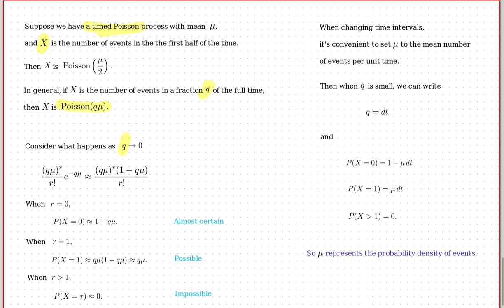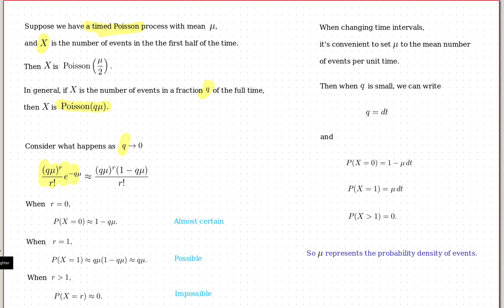So suppose we take smaller and smaller fractions of the original time period, then what happens? Well, again, I'm just going to write out the formula for the probability, that formula we got for the Poisson probabilities, and I'm going to use the approximation I mentioned before, but here I'm using it in the opposite direction.